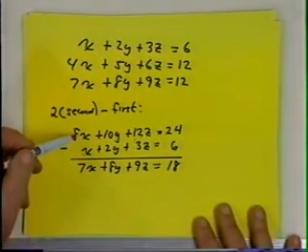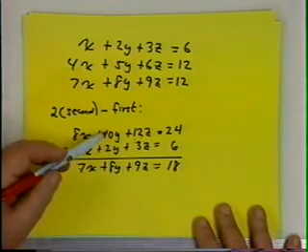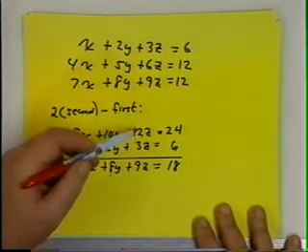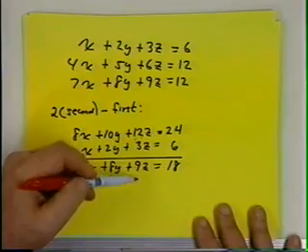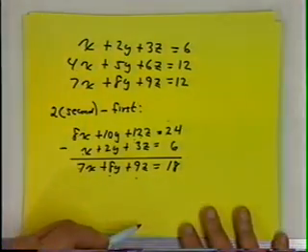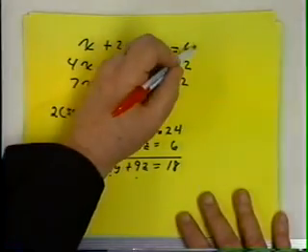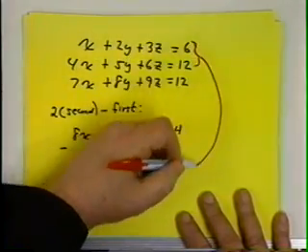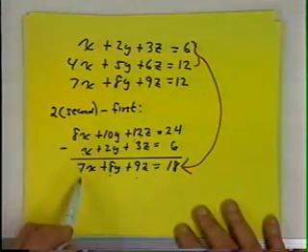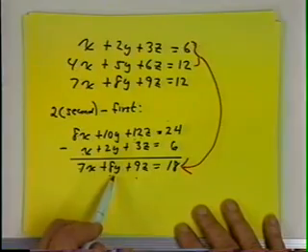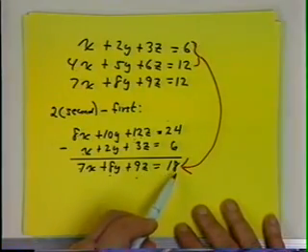I get 8x minus x is 7x, 10y minus 2y is 8y, 12z minus 3z is 9z, and 24 minus 6 is 18. What this says is, once the first two equations are true, it must be that 7x plus 8y plus 9z is 18.